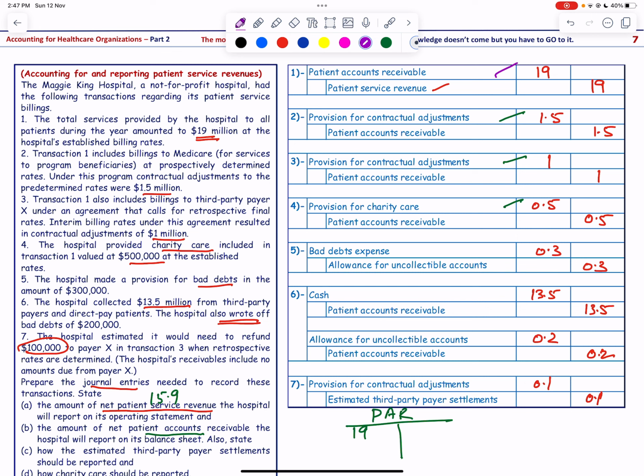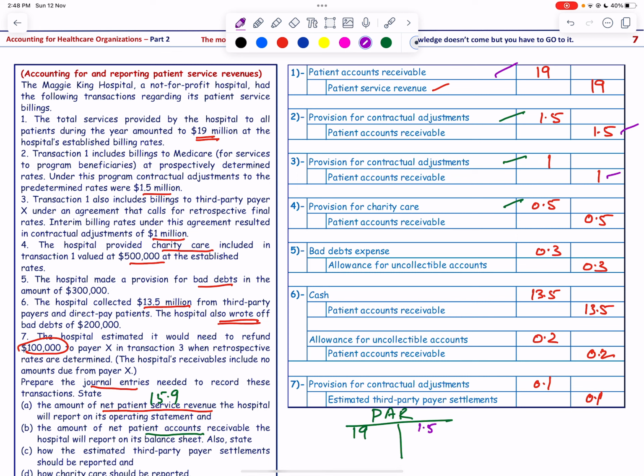And then from this we have patient account receivable credits of 1.5.